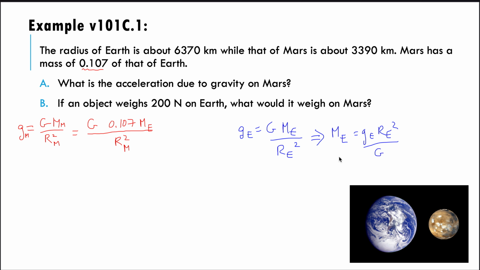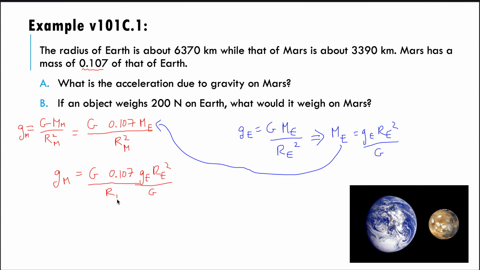Now we just need to plug in this expression for the mass of Earth that we just found into our other equation here. Let's see what happens. We get that the free fall acceleration on Mars is equal to G times 0.107 times all of this: g on Earth, radius of Earth squared, over G, and all of this is divided by radius of Mars squared.